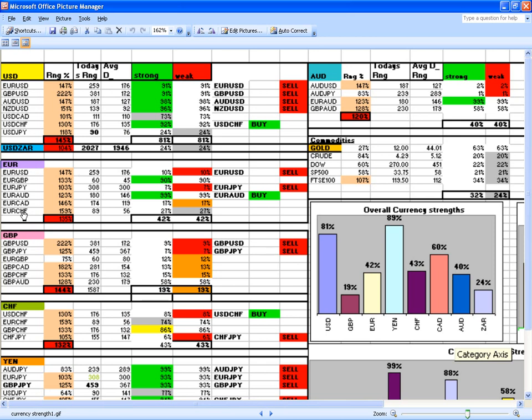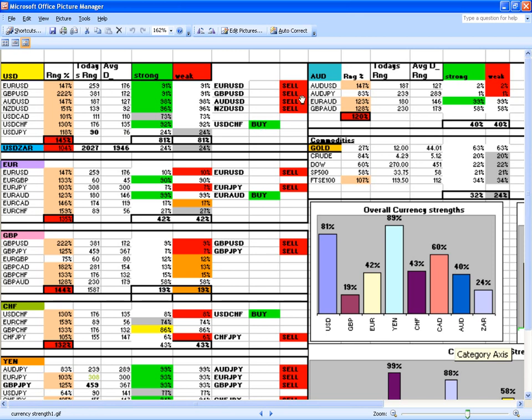And the same exercise is carried out against the rest of the currencies, the euro, the pound, Swiss, the yen, and so forth. You can also see the individual currencies and how they are currently sitting, and whether they are weak or strong. Green depicting strength and red, orange depicting weakness.